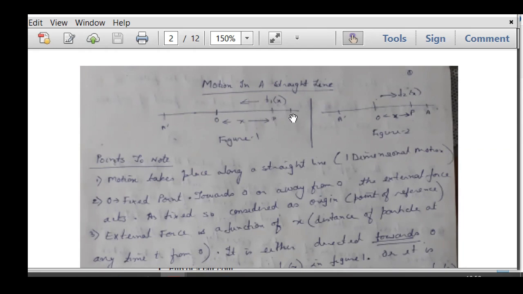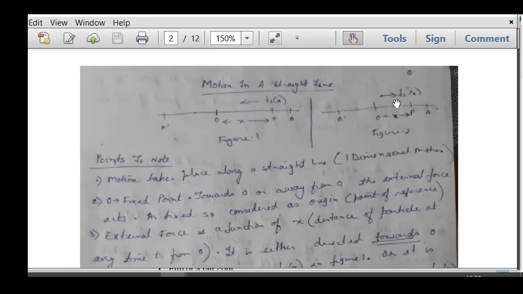Suppose the particle, at time t equal to 0, was at A. The force F1(x), a function of the distance from O, is directed towards the point O. So it is attracting the particle towards the point O in figure 1. Just the opposite is happening in figure 2, where the particle is repelled, thrown or pushed away from the point O. So it is a repulsive force. This is an attractive force, this is a repulsive force.